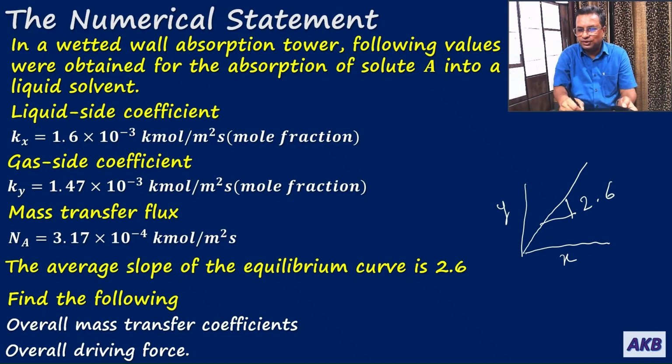So even though it is a curve, we are considering it to be a straight line with a slope 2.6. With this information, we have to get the overall mass transfer coefficients and then we will be getting the overall driving force. It is a simple problem, but I'm sure you'll learn something. You'll learn how to get these overall mass transfer coefficients and overall driving force. So let us continue with this.